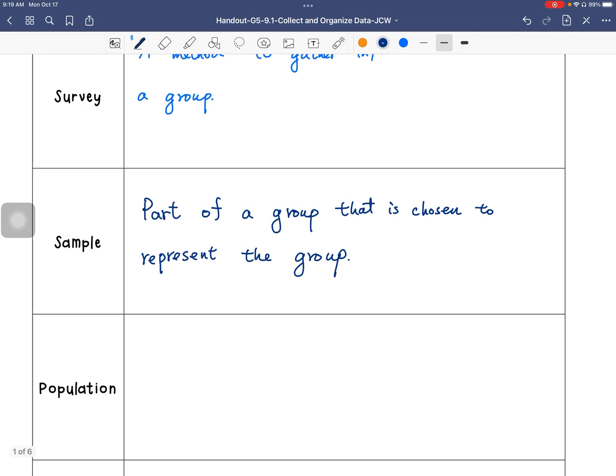So what is population? Population is the whole group.